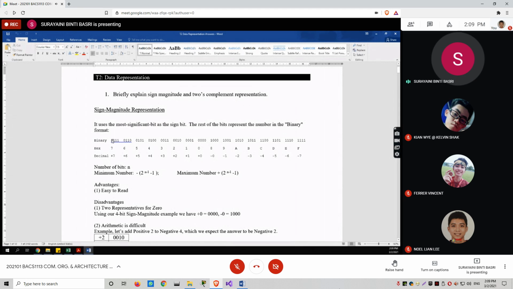So 0 represents positive, and 1 represents negative. So if you have this, you know that this is positive, and if you see this, you know it will be negative. This is a refresher of what we learned in lecture 2.